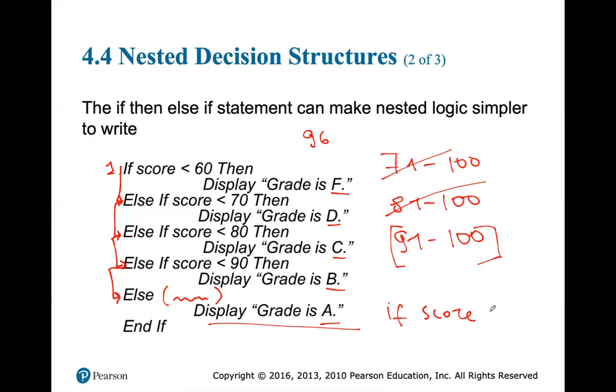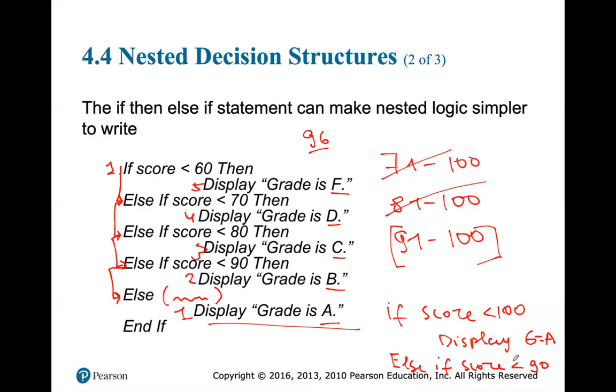If we have a 96, which will evaluate to true, we would display grade is A. So if score is less than 100, we would display grade is A, and then we would carry on with else if score is less than 90, and so on. So the same idea as here, but we would put this one first, this one second, third, fourth, and fifth.